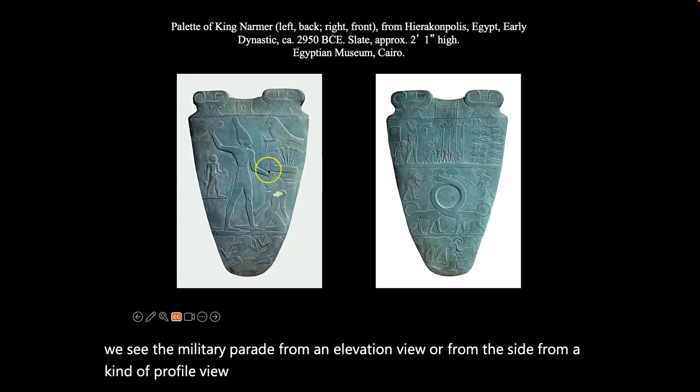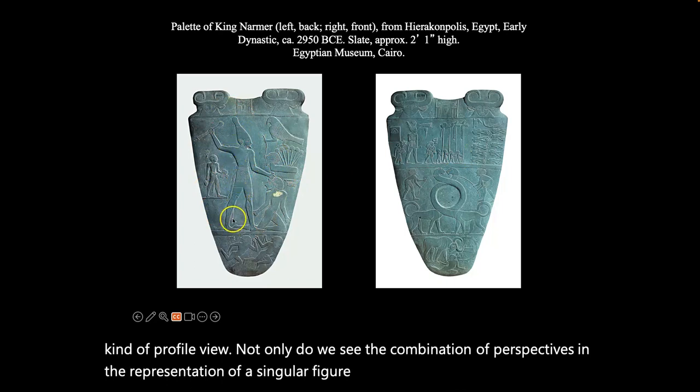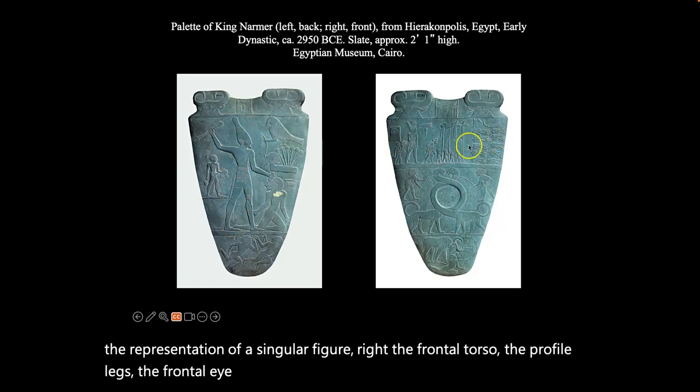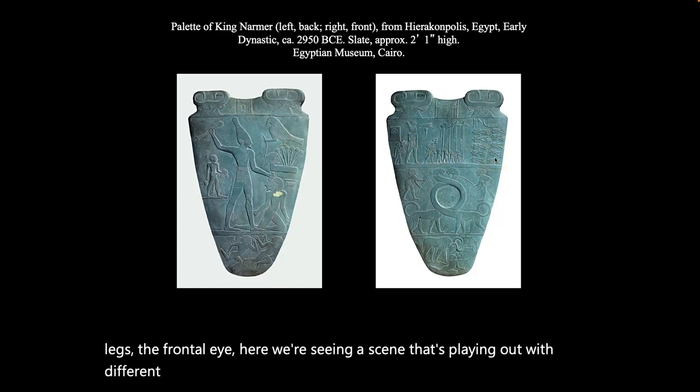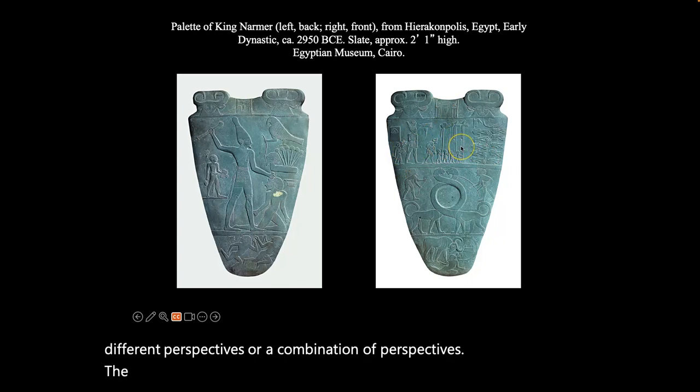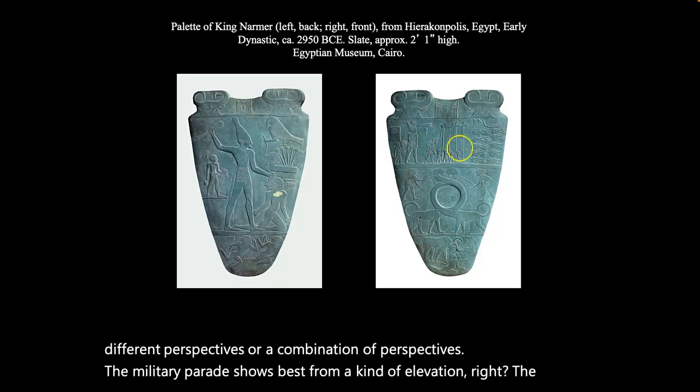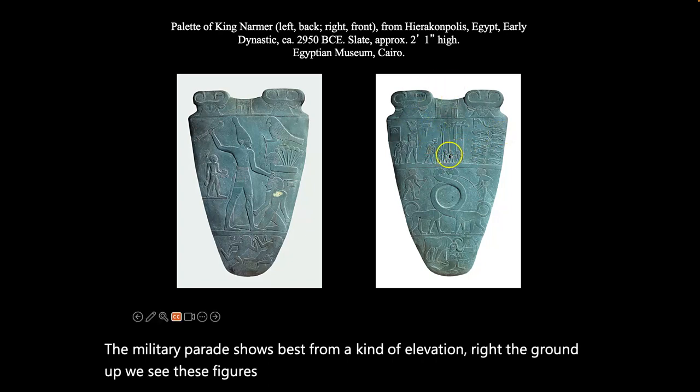Not only do we see the combination of perspectives in the representation of a singular figure, right, the frontal torso, the profile legs, the frontal eye. Here we're seeing a scene that's playing out with different perspectives or a combination of perspectives. The military parade shows best from a kind of elevation, right? The ground up. We see these figures walking in profile.